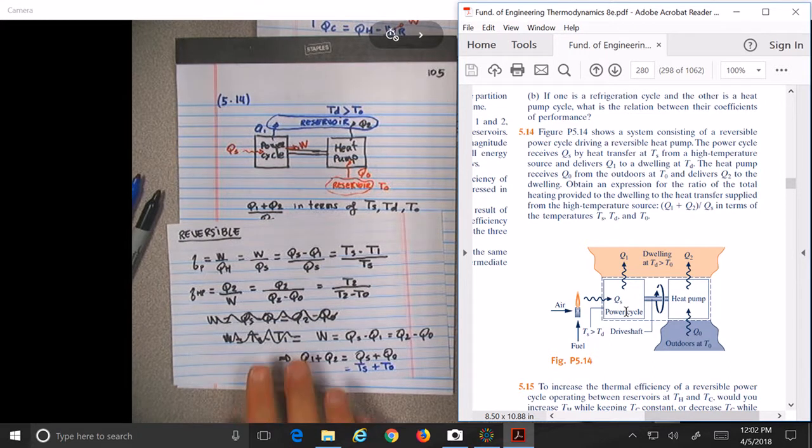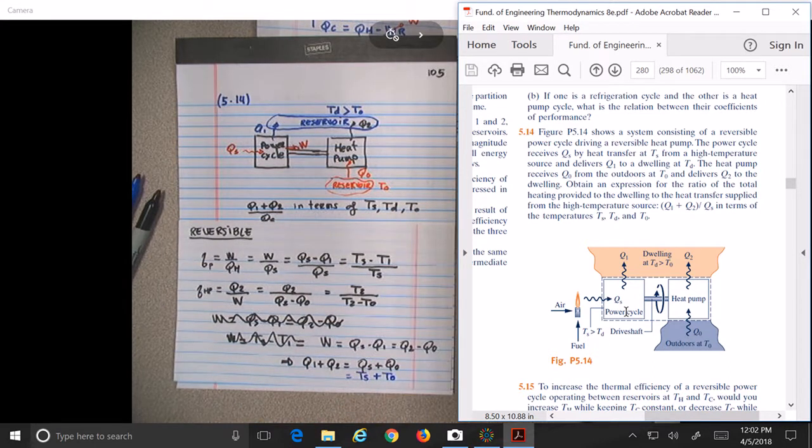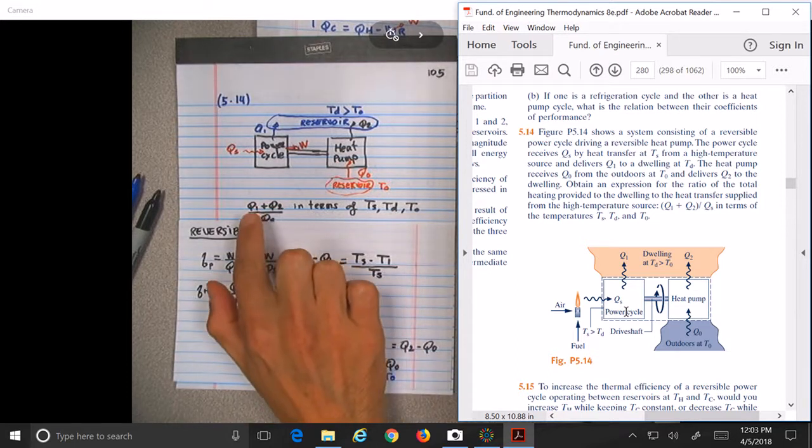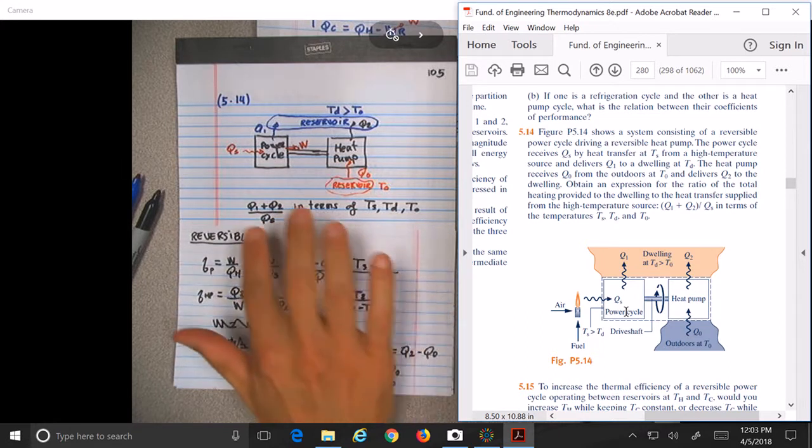So that gives us TS, T naught, but we don't have TD in the expression. I'm just trying to write, you see the top here, they ask us Q1 plus Q2, no? So just trying to find an expression for Q1 and Q2.